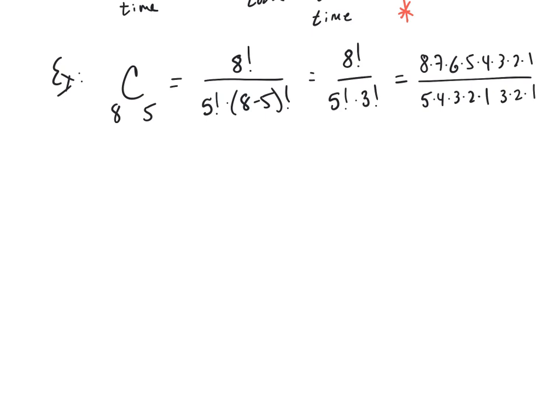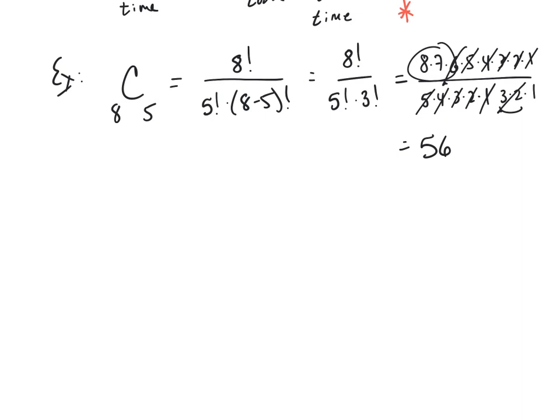Again, because it's multiplication, we have all kinds of canceling that can happen. 5s, 4s, 3s, 2s, 1s. But then we also have 3 times 2 in the denominator. 3 times 2, of course, is 6. So the 6 in the denominator can cancel with a 6 in the numerator. And all we're left with then is 8 times 7, which is 56.